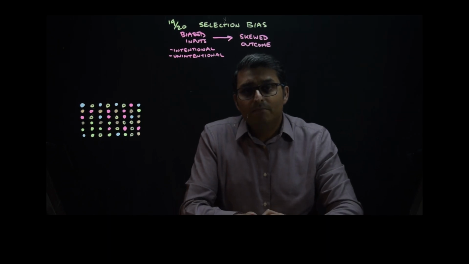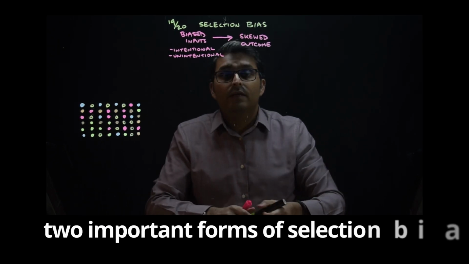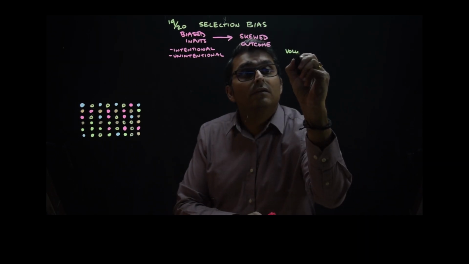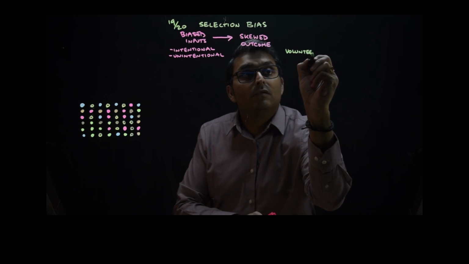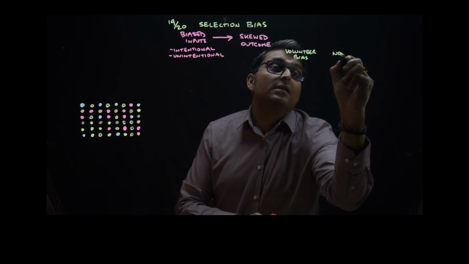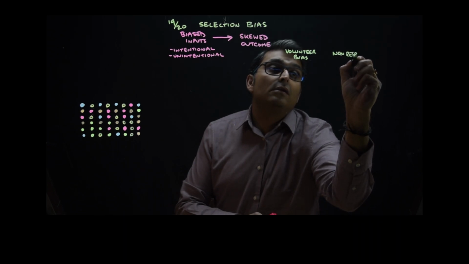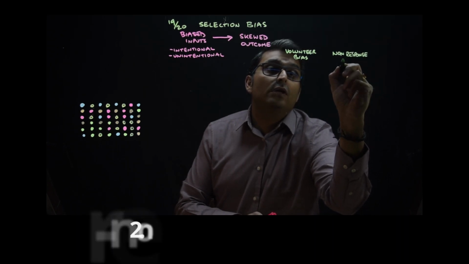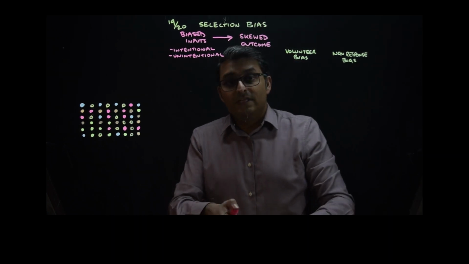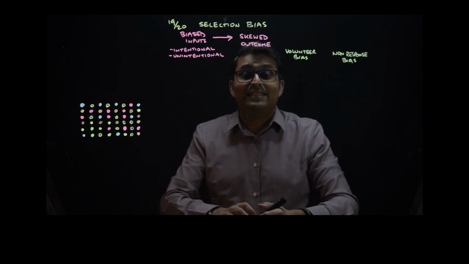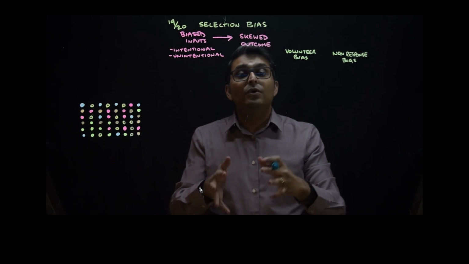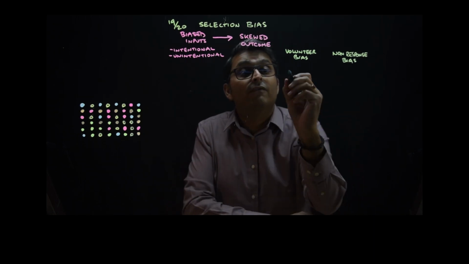There are two important forms of selection bias. One is volunteer bias and the other is non-response bias. For volunteer bias, the bias exists as the outcome is skewed as it is based on only those who are willing to volunteer.